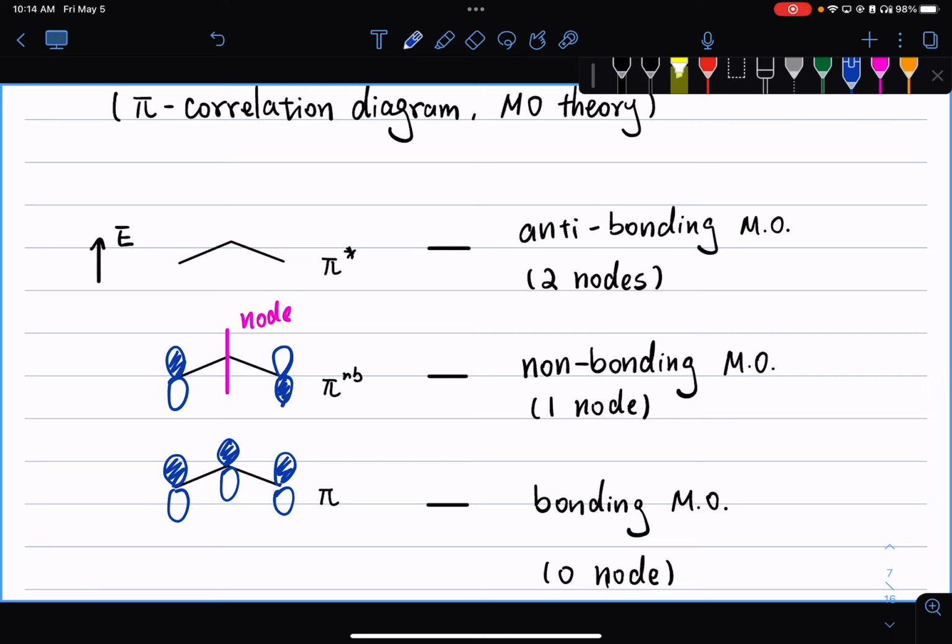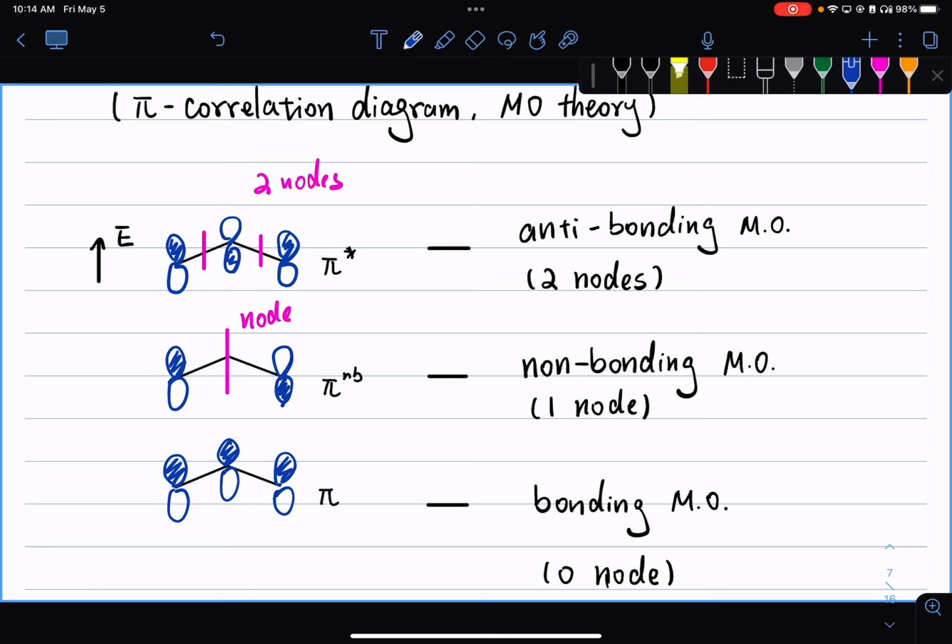Moving on to the highest energy MO, the more nodes you have, the higher the energy is. So we're going from 0 nodes, 1 node, and then the top one will have 2 nodes. And this is what we have: shaded, switch, switch again. So that's how you sketch the molecular orbitals based on their atomic orbitals.